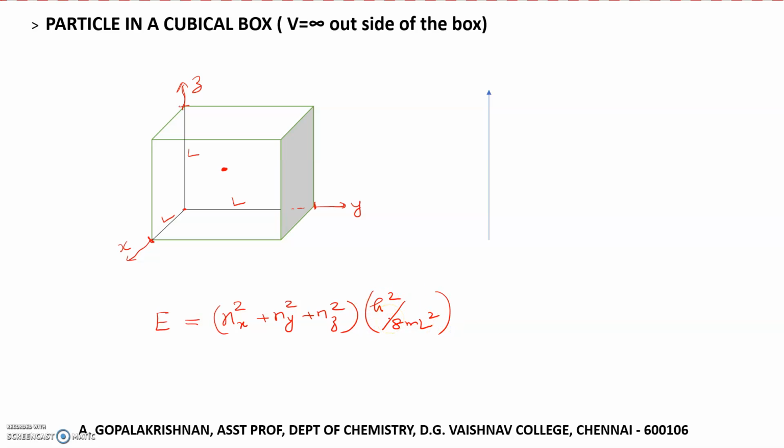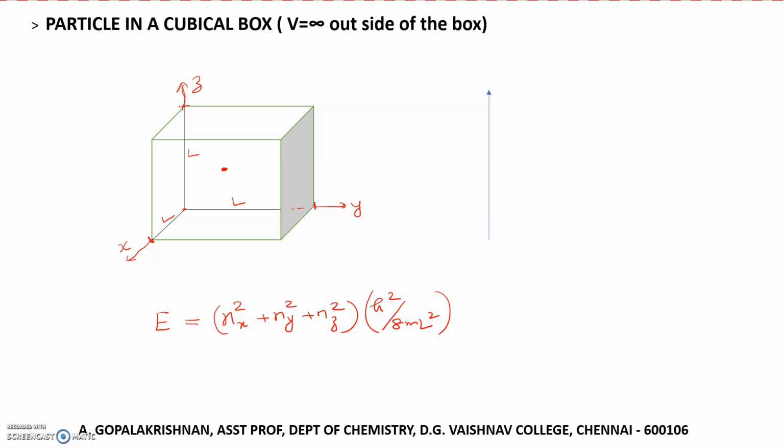This is the energy expression for a particle in a cubical box. And nx, ny, nz are all quantum numbers. In a box problem, quantum numbers can take values 1, 2, 3, 4, etc. It starts from 1; 0 is not allowed here.